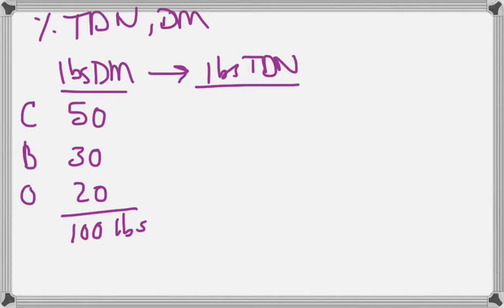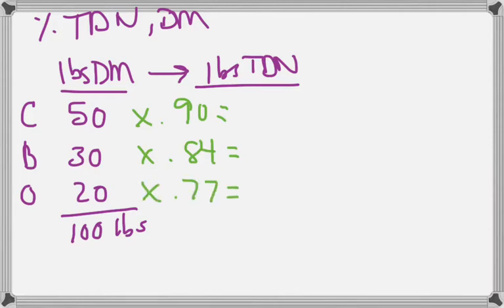So when we have 50 pounds of dry matter, to figure out how many pounds of TDN, it should be a smaller number because it's a percentage of this 50. We're going to multiply times the TDN value. In this case, corn was 90, barley was 84%, and oats was 77%.